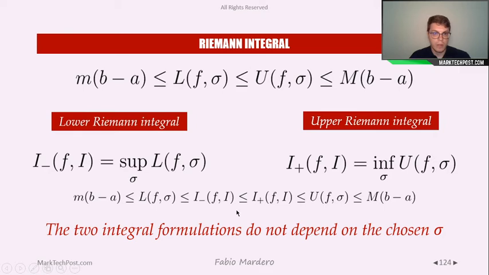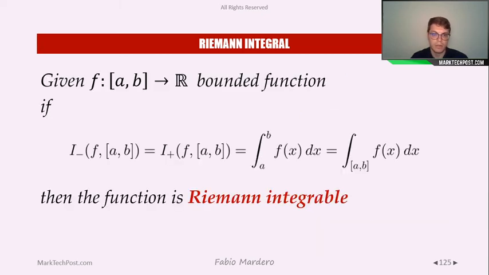But note that here L and U depend on the partition we choose. But the two integrals, since we are taking the supremum and the infimum, do not depend on the partition. So the two integrals, I say it again, do not depend on the chosen partition.